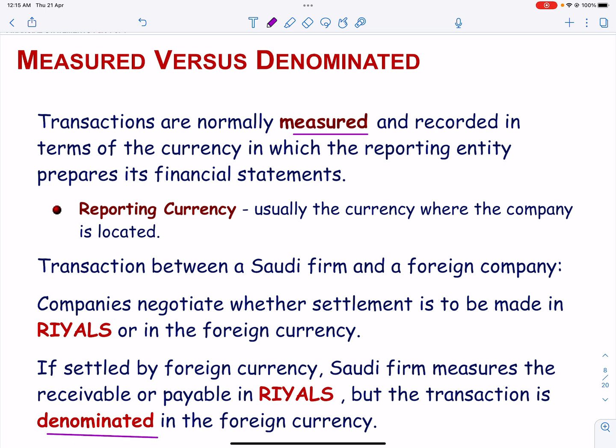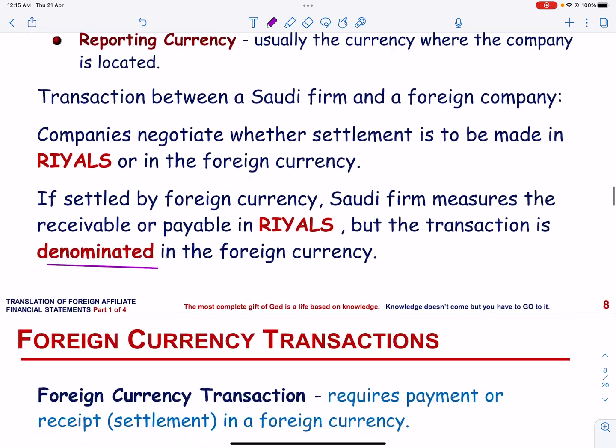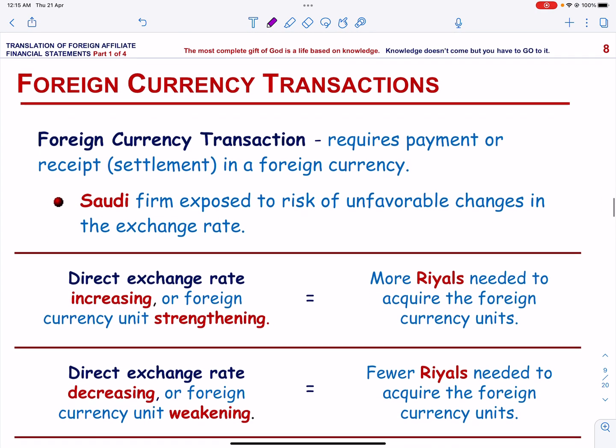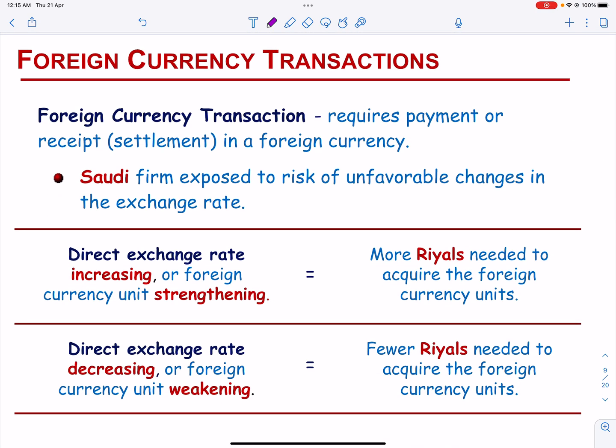The Saudi firm will not record in foreign currency; rather, it will convert the foreign currency into Saudi riyals before recording. So, a foreign currency transaction requires payment or receipts in a foreign currency.